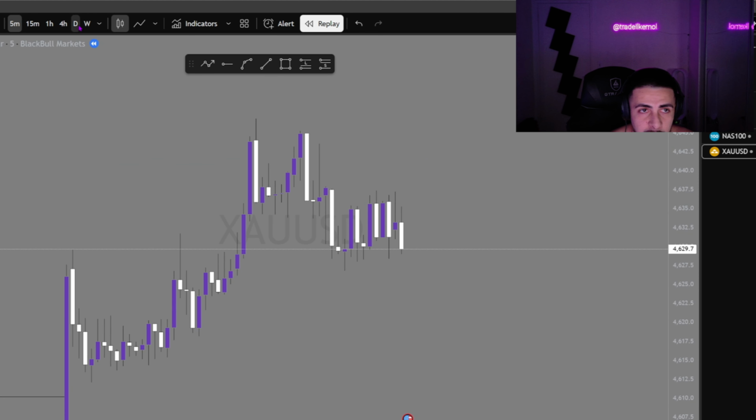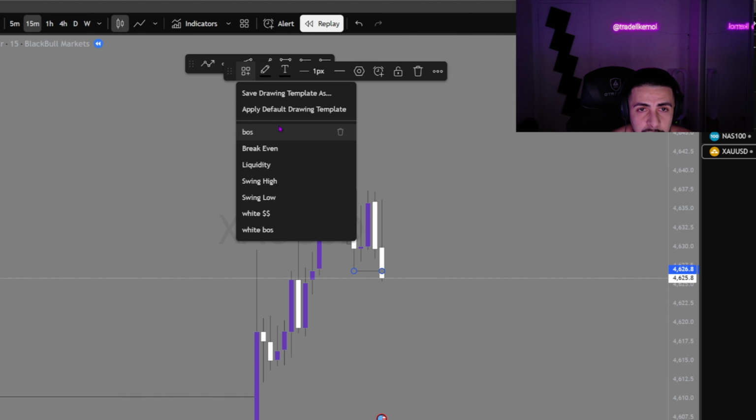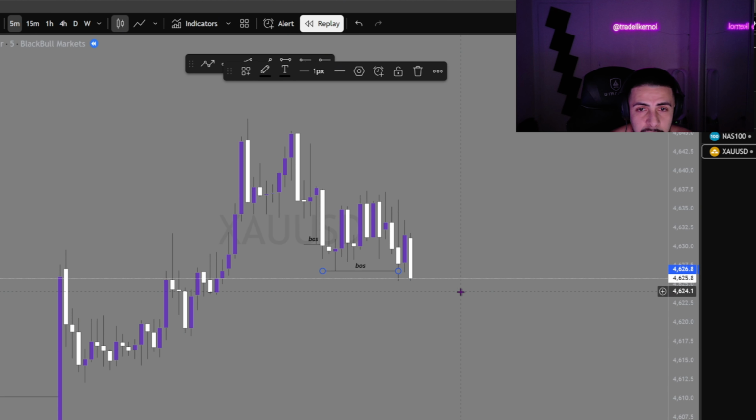We come in and we try to understand where we're at, okay? Right now we have 1 break to the downside right here. Let's see, I think the next candle breaks below. Yes, it does. Boom, that's your second break. That's 2 breaks to the downside on the 5-minute.